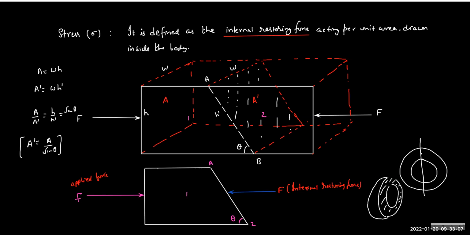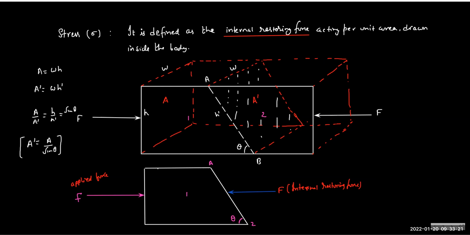And if it is some sort of irregular object, then of course we will not get questions on those objects because things will be difficult. So to find the internal force, we have a thumb rule. And what is the rule? You must cut the body at the desired cross section if it is mentioned.